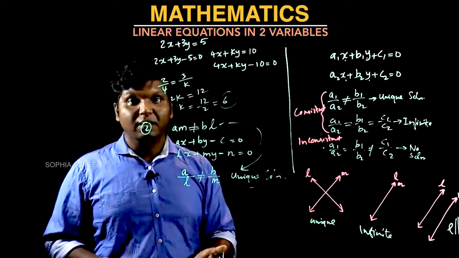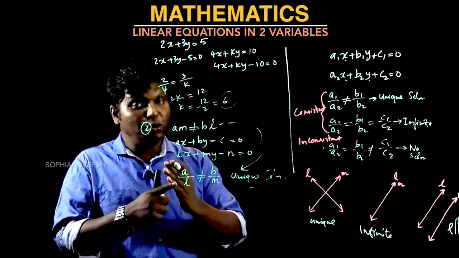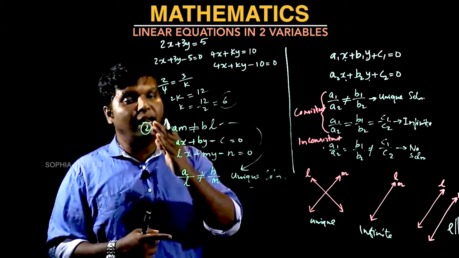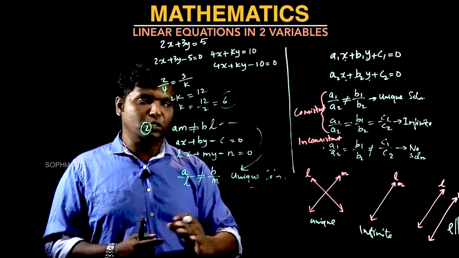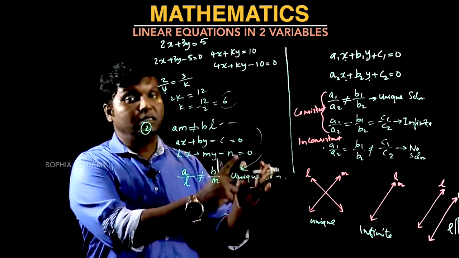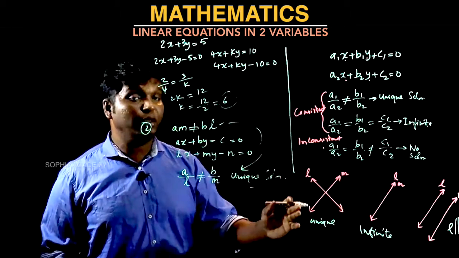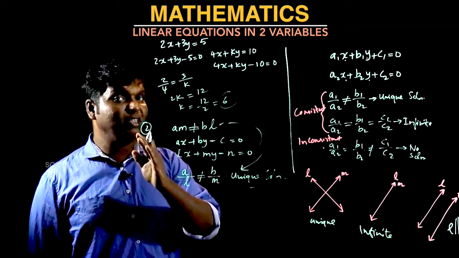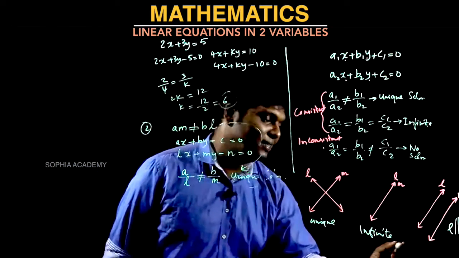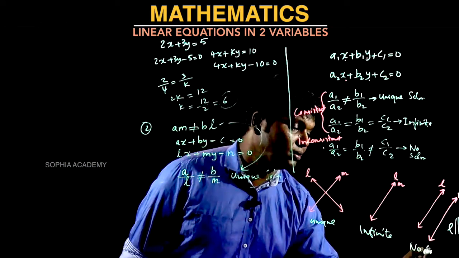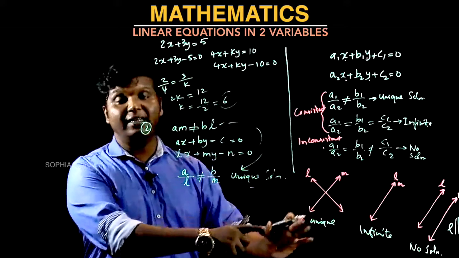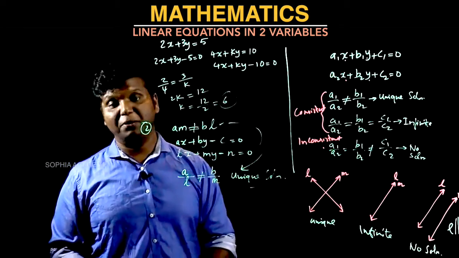It may not have any solution, because where they intersect together, that point is what we call the solution. So being parallel lines, they are not going to intersect together, and that's why in this case, what will be the thing? No solutions. You are right. So no solutions. So these are the three conditions regarding the graphical representation method.